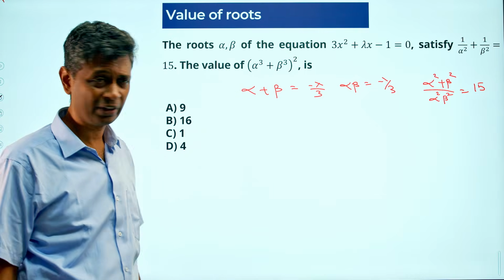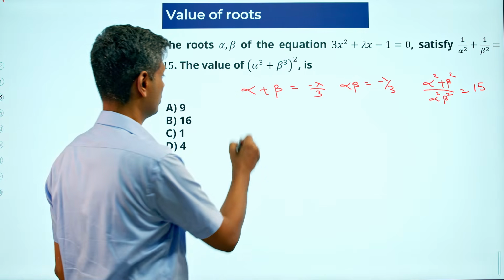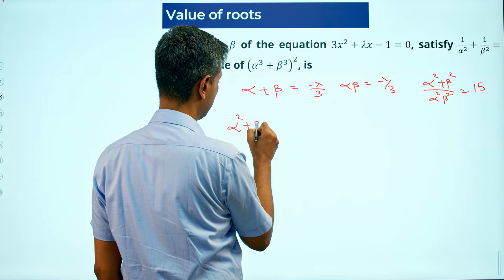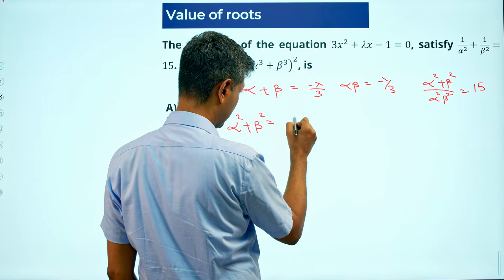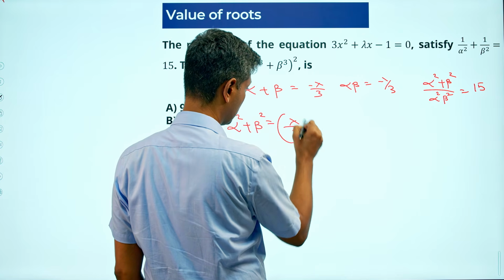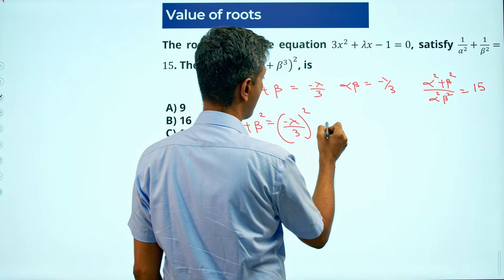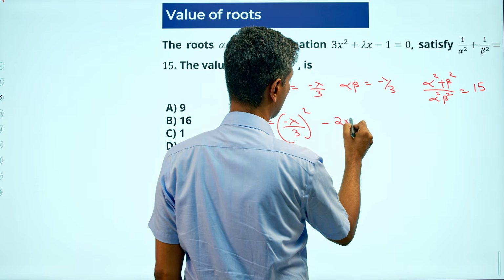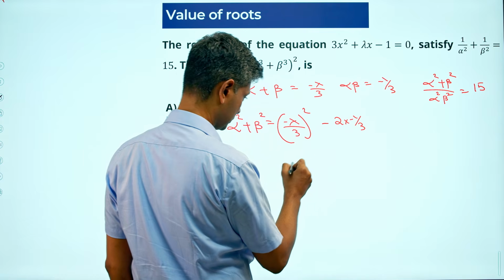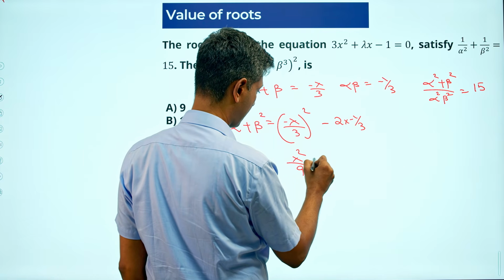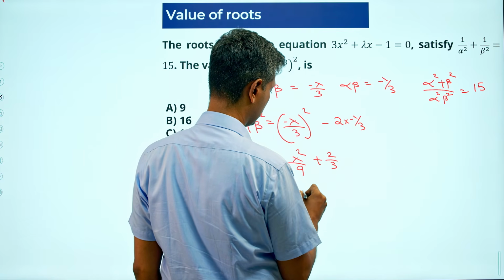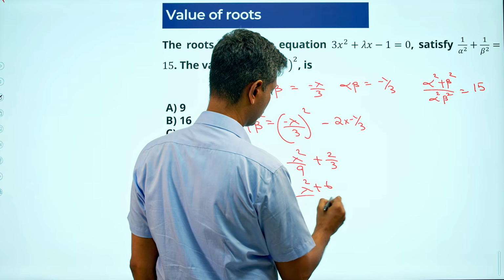Alpha squared beta squared we have. Let's find alpha squared plus beta squared. Alpha squared plus beta squared is alpha plus beta the whole squared minus 2 times alpha beta. Lambda squared by 9 plus 2 by 3, which is lambda squared plus 6 by 9.